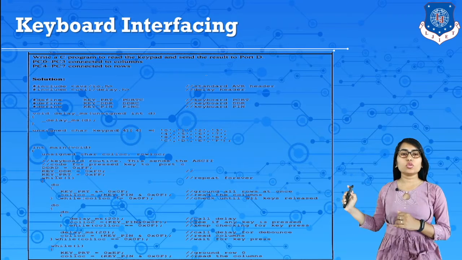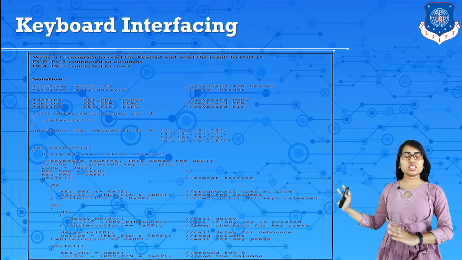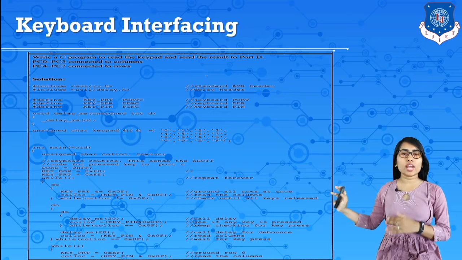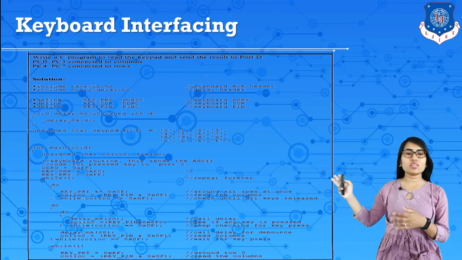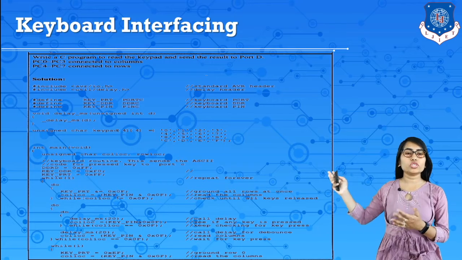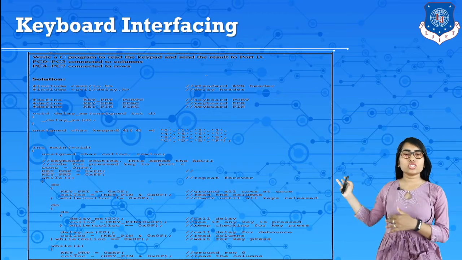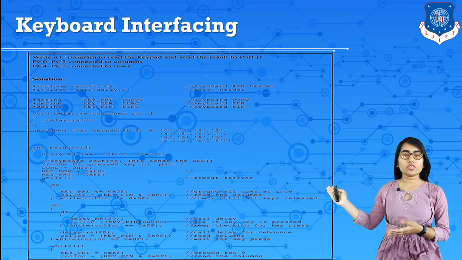Here the keyboard interfacing program is in C: write a C program to read the keypad and send the result to port D. PC0 to PC3 are connected to columns, and PC4 to PC7 are connected to rows. First define the functions for port C, and then connect the keyboard, using defined functions for any keys.